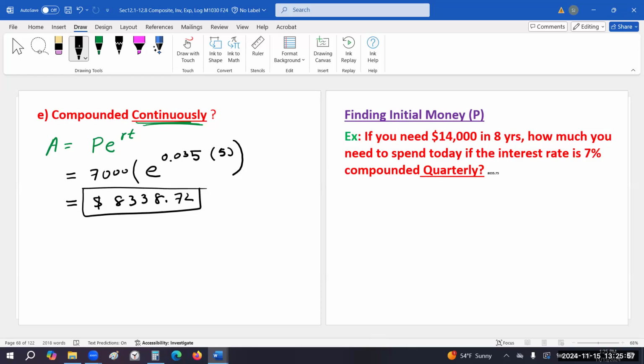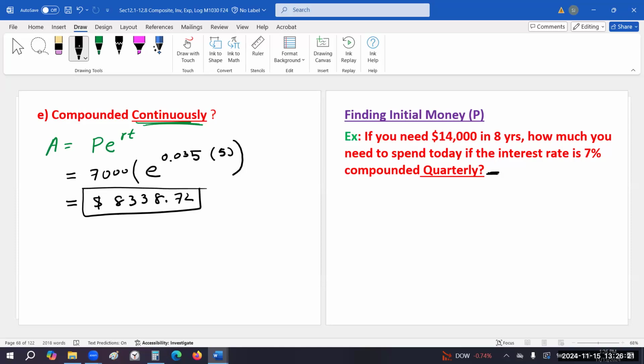Now, the second type: all the other information is given. We need to know how much we invested at the beginning, or how much we need to invest in order to get the final desired amount. So you need $14,000 in 8 years.